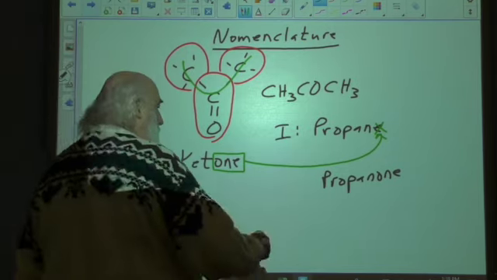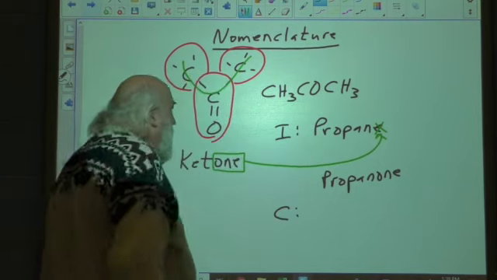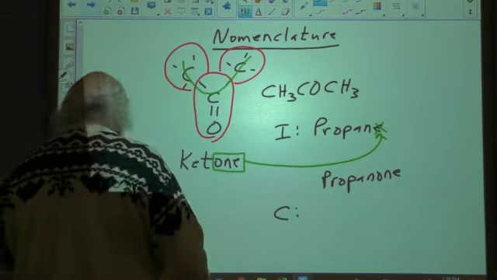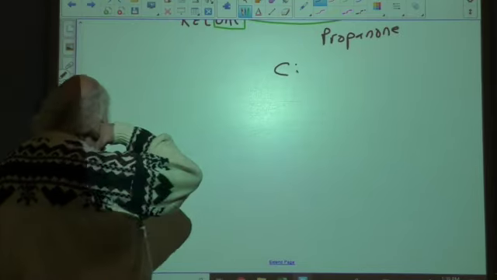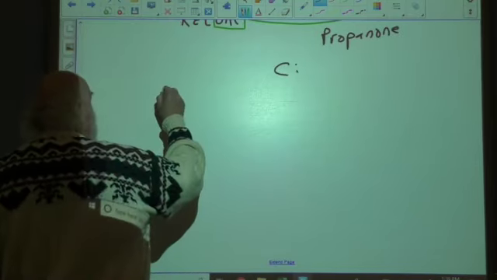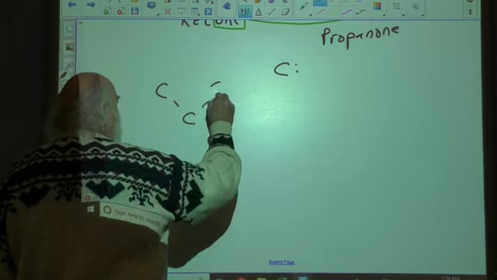Now, the common name is a lot like an ether. At this point, I'm going to redraw this as well so you can see this more clearly than what I've got with the little Mickey Mouse going on up there. So this is what we have.